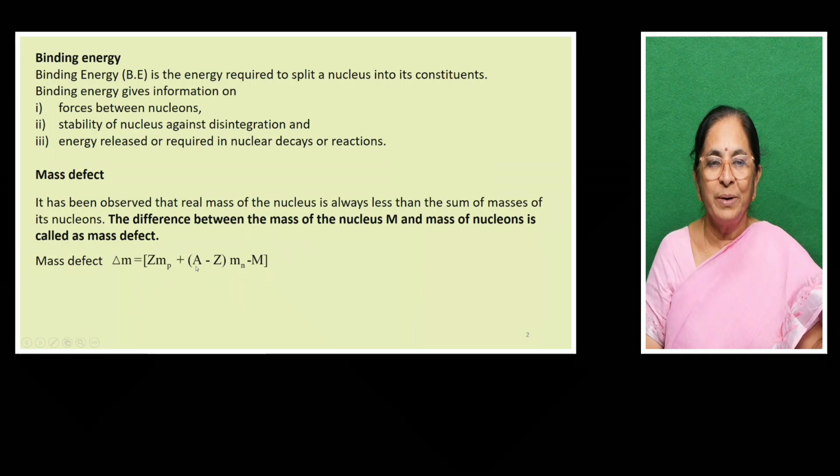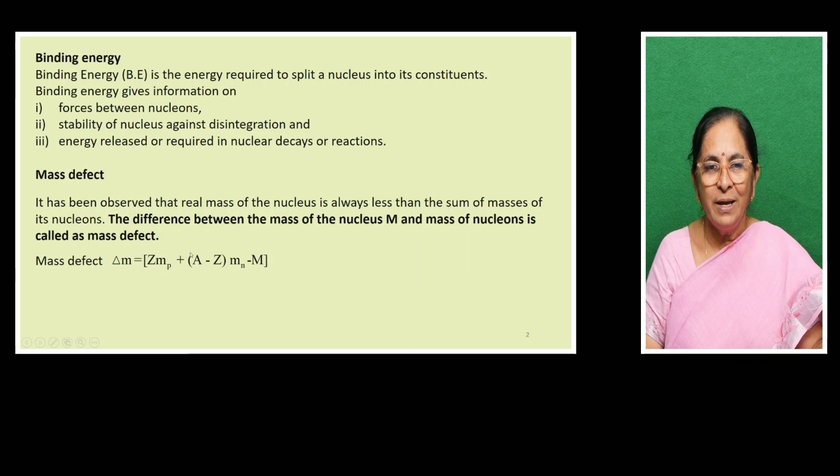The mass number represents the number of protons plus the number of neutrons. So from the mass number A, if we subtract the number of protons, we get the number of neutrons. So A minus Z represents the number of neutrons, and Mn represents the mass of each neutron.